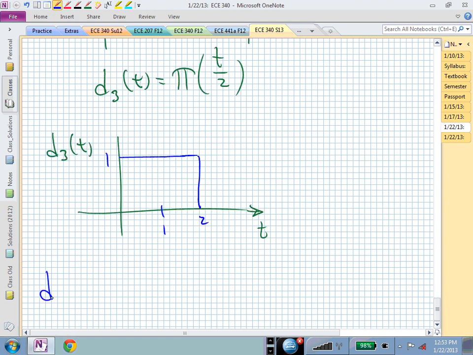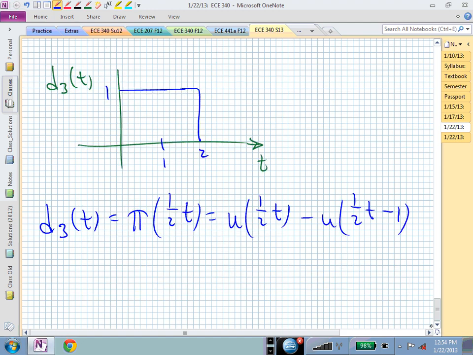And we could write d sub 3 many different ways. D sub 3 of t is pi of 1/2 t, which is u of 1/2 t minus u of 1/2 t minus 1. And what is this guy equivalent to? This u of 1/2 t, what does that look like? Or what's a cleaner way to write that?